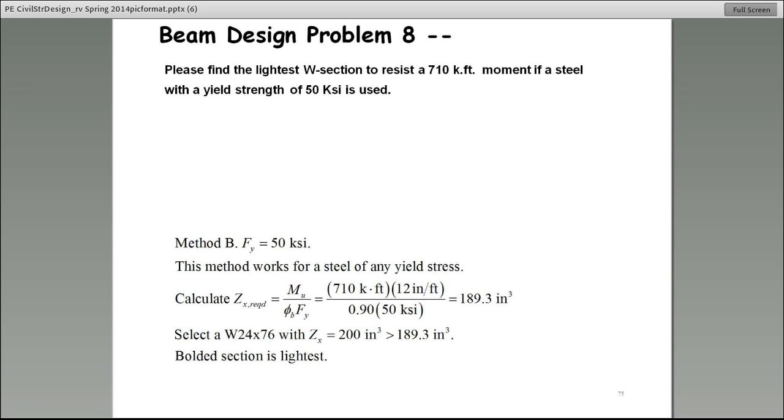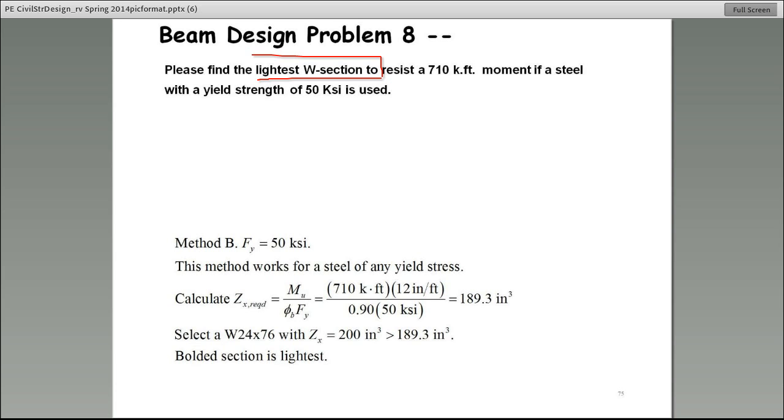It's very common when we design steel members, elements, we use the concept of, especially for flexure, when we design beams, we design based on section modulus.